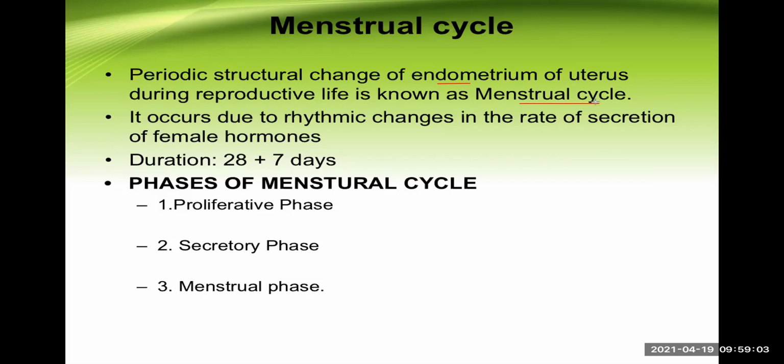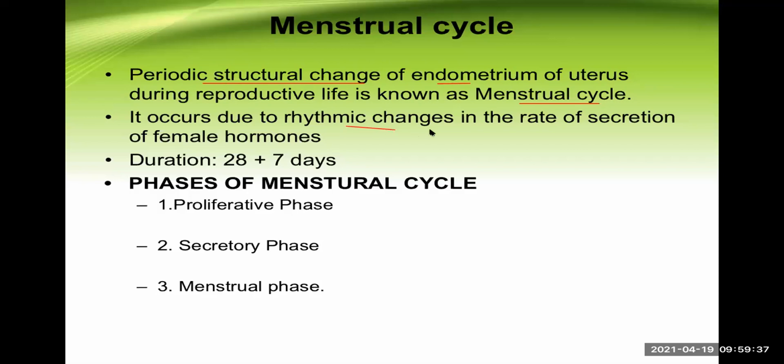After menstruation occurs, the endometrium will develop the proliferative phase. In the middle of the cycle, there is ovulation. After ovulation, the endometrium will develop the secretory phase. And at the end of that secretory phase, there is stoppage of progesterone secretion because of the degeneration of the corpus luteum, and that will bring menstruation. So this is a periodic structural change of the endometrium of the uterus.